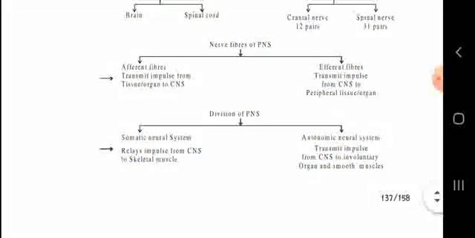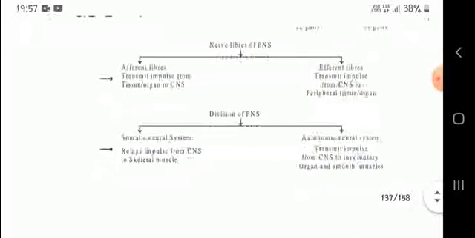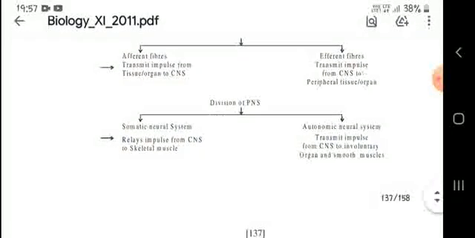Next, division of the PNS: the peripheral nervous system is divided into two types, the somatic neural system and the autonomic neural system. The autonomic neural system transmits impulses from the CNS to involuntary organs and smooth muscles.